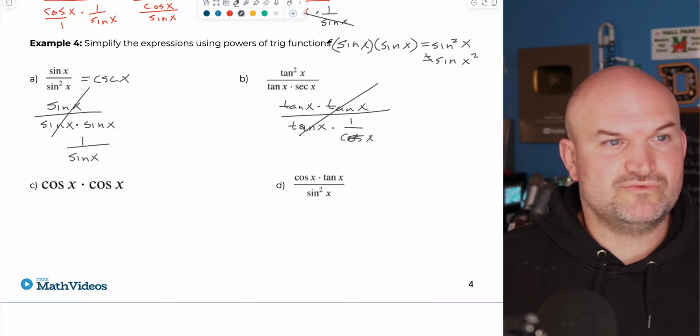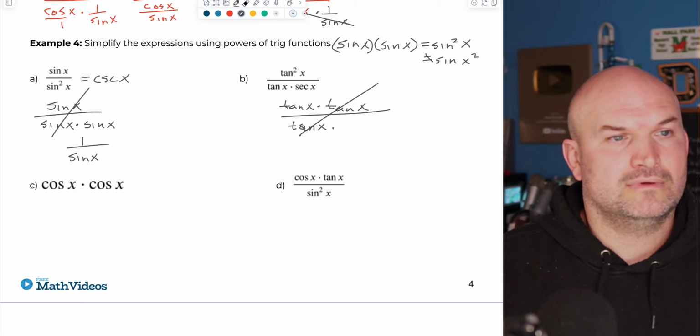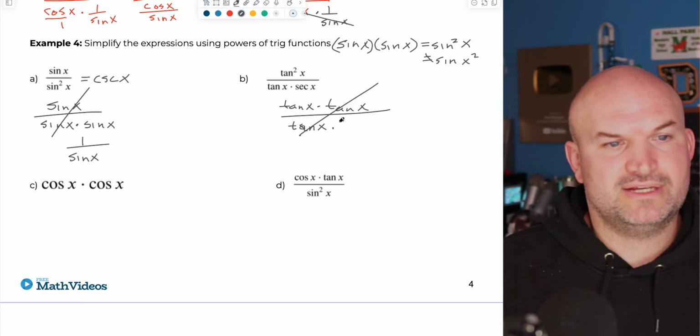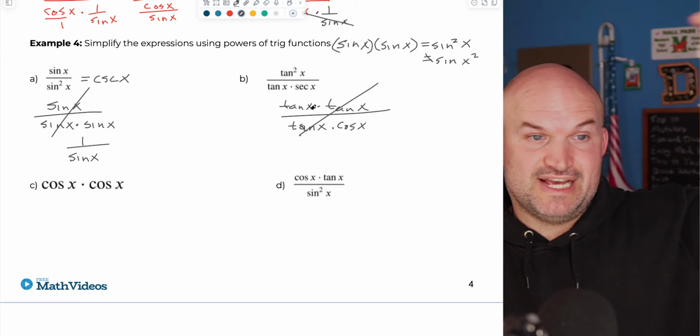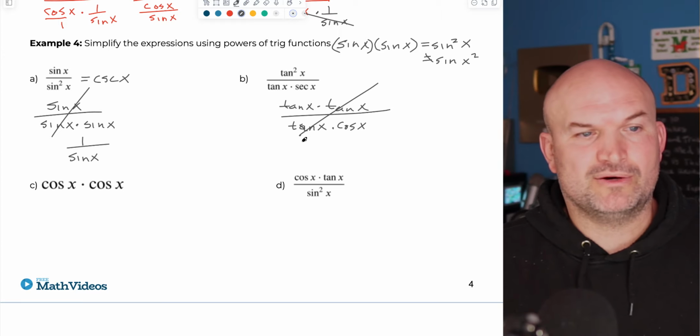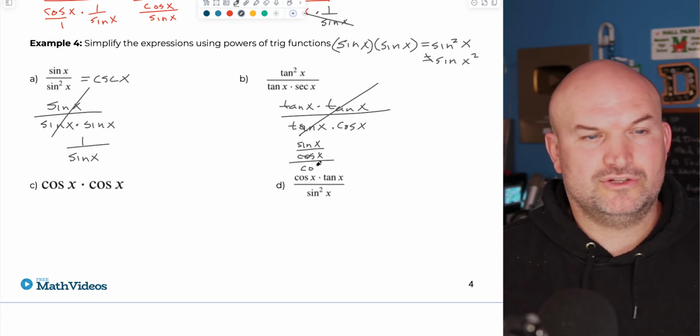Actually, you know what? Let's just rewrite that because I'm going to do it one more time. So that'd be times a cosine of x. All right, so now I'm left with a tangent of x over cosine of x. Again, I'm going to write tangent as a sine of x over cosine of x divided by a cosine of x.